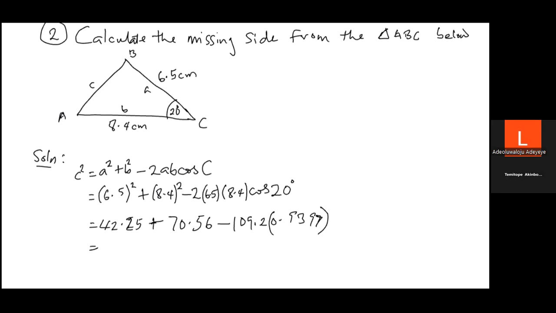If you are to truncate, make sure you leave it in 4 decimal places, like I've left it for this angle, 0.9397. Don't just write 0.93 or 0.94. If you do that, it will affect your final answer, and you are going to have what we call cumulative error of approximation. Is that clear?